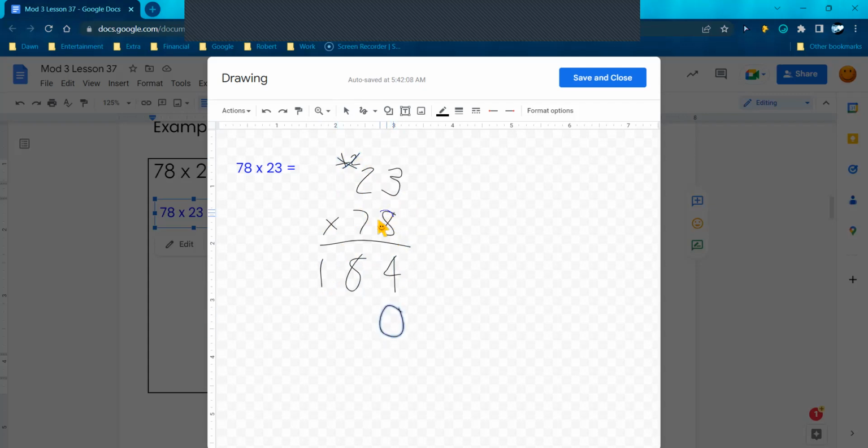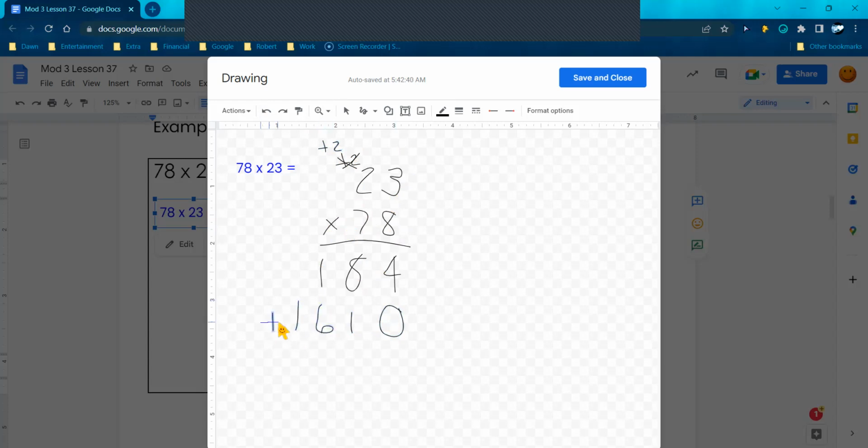Remember, right here is like 70 times the number, and our 8 disappears. Okay, you guys. So 7 times 3 is 21. I drop my 1, and I need to add my 2. I know I already had a 2 there, but just in case it wasn't a 2, I want to make sure I didn't get confused. Now I do 7 times 2, which is 14, plus 2 is 16.